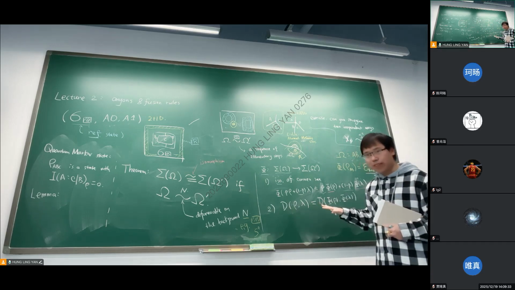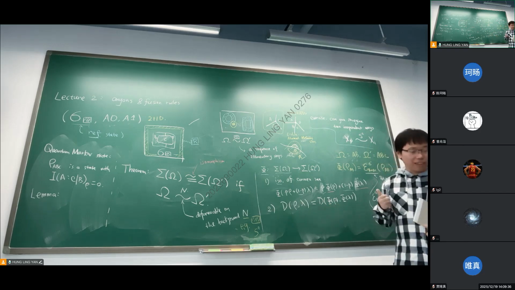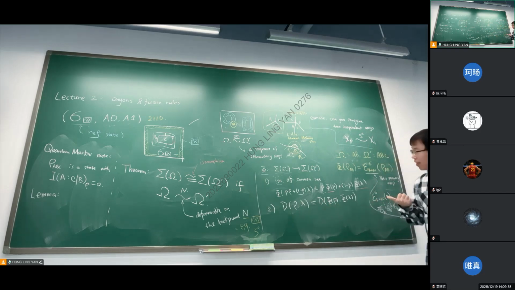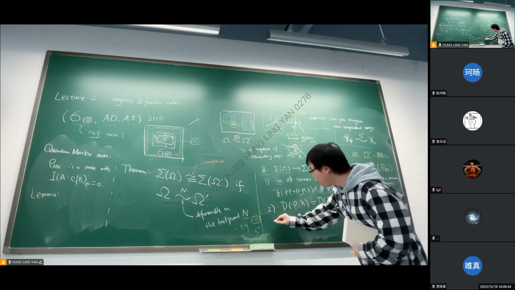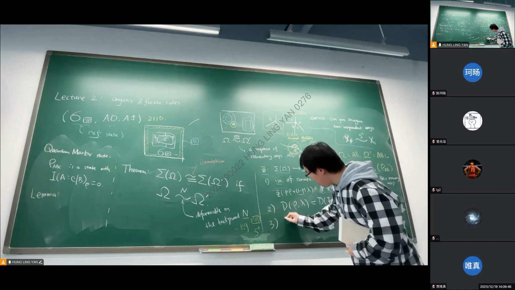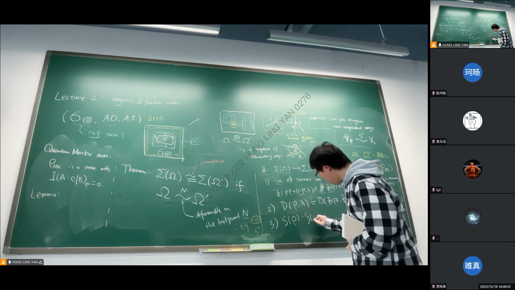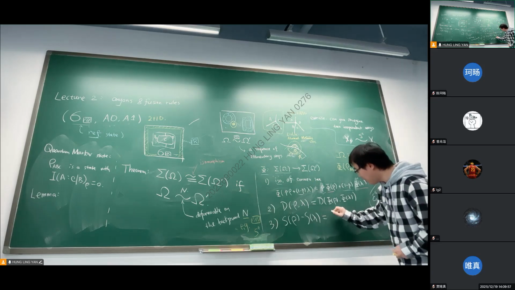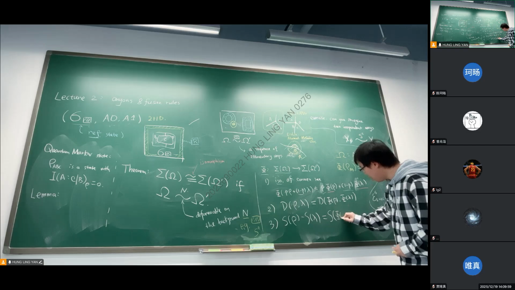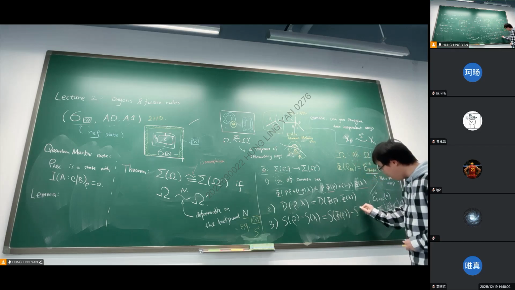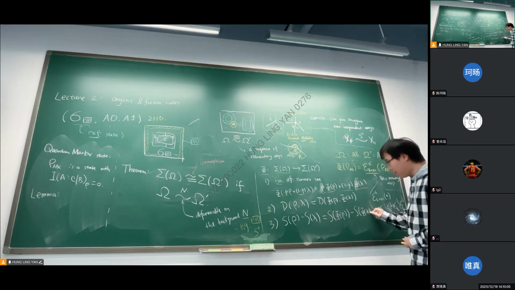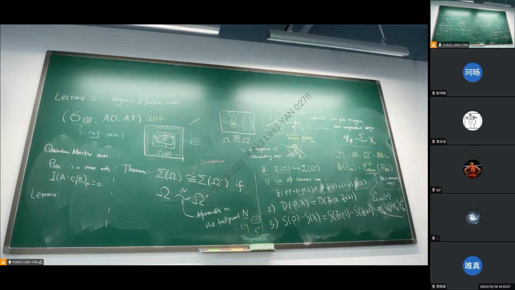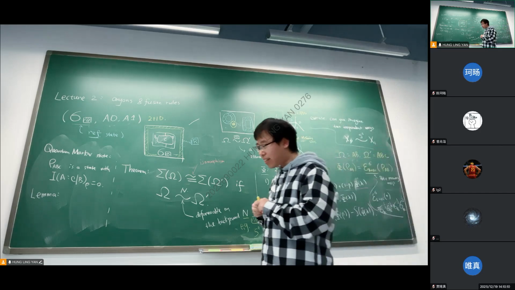For instance, this could be the relative entropy, fidelity, trace distance, and so on. And certainly the entropy differences are preserved.